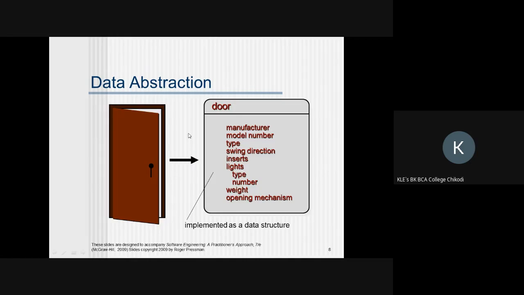What is there inside the house is hidden. Only the house we can show, but the rooms inside and whatever components are there, like lights and some others, are hidden by the door.